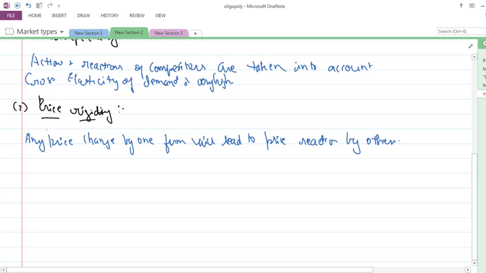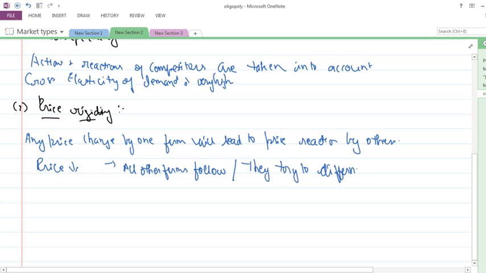So if the price by one firm is reduced, all other firms follow, or they try to differentiate themselves by increased marketing activities.